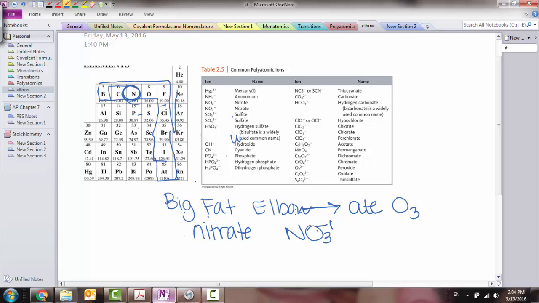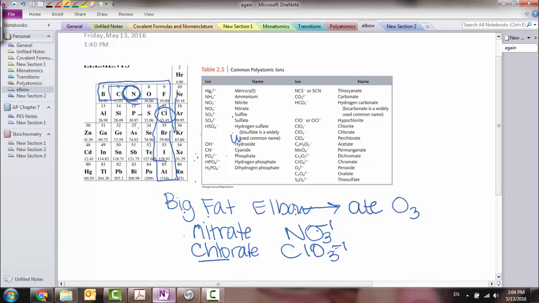If I look over at something like chlorate, I know the origin of that is going to be chlorine. And I can tell if this ate is going to have 3 oxygens or 4 by looking up. I notice that chlorine does originate in that elbow, so I know that it has 3 oxygens and a -1 charge.